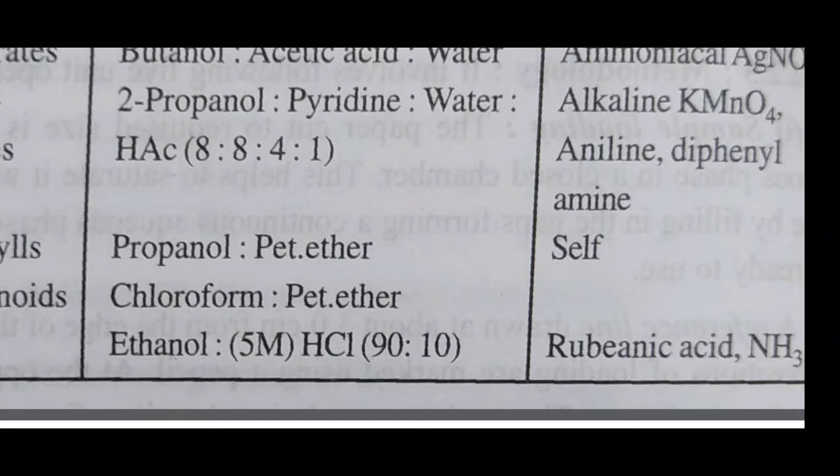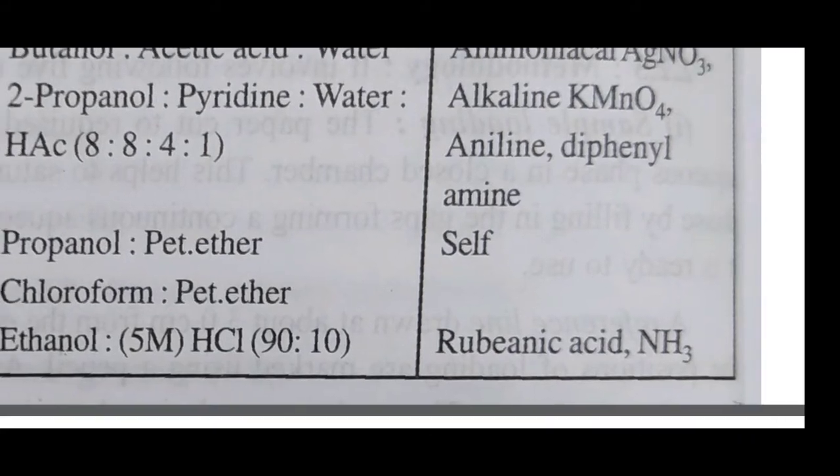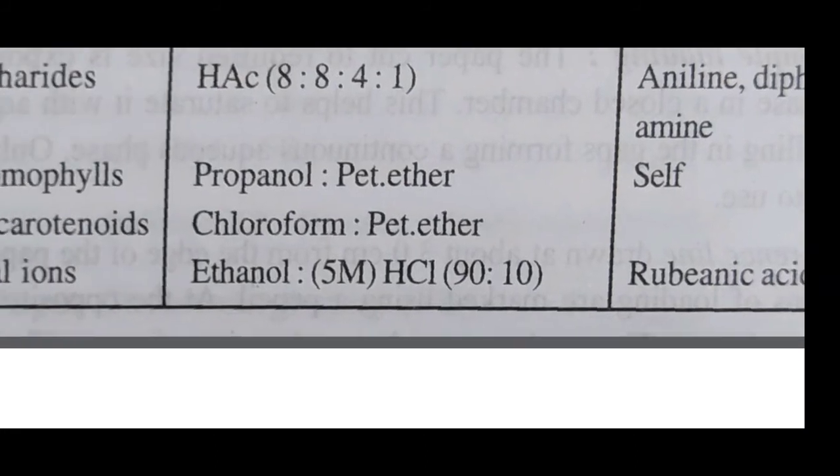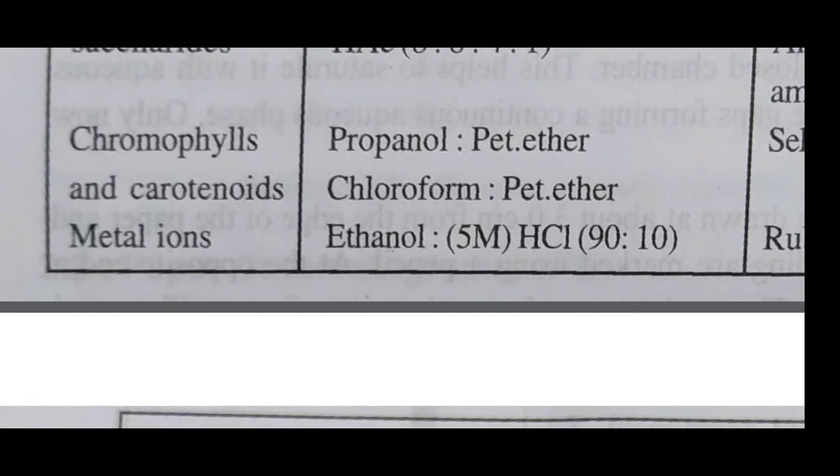Here ethanol is 90% and HCl is 10%, and the spraying reagent is rubeanic acid and ammonia. In your practical, this spraying reagent, rubeanic acid and ammonia, may be used for metal ions. This is the solvent system and spraying reagent in chromatography.